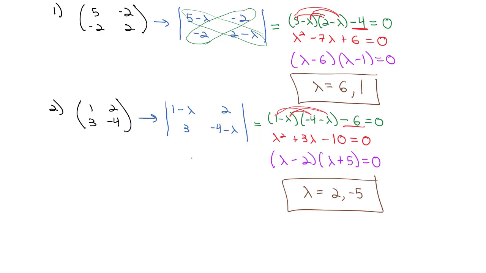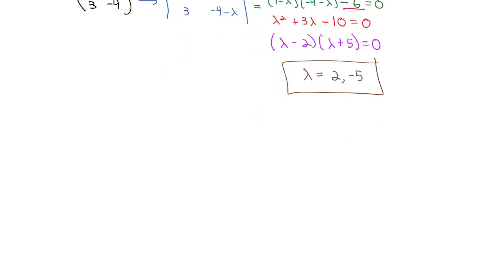Once we've found our eigenvalues, it's quite simple to find what are called the eigenvectors. And there is one eigenvector for each eigenvalue. What we're going to do to find the eigenvector is we're going to multiply the matrix where we substitute lambda into the A matrix.